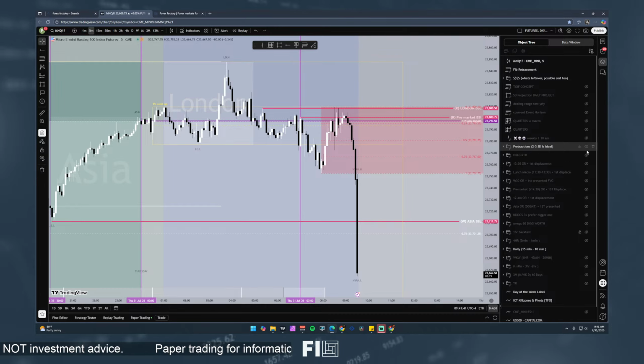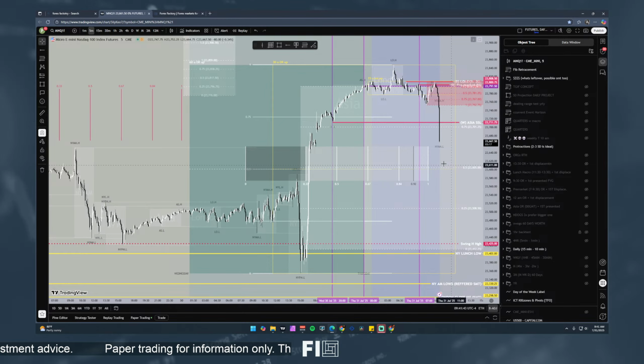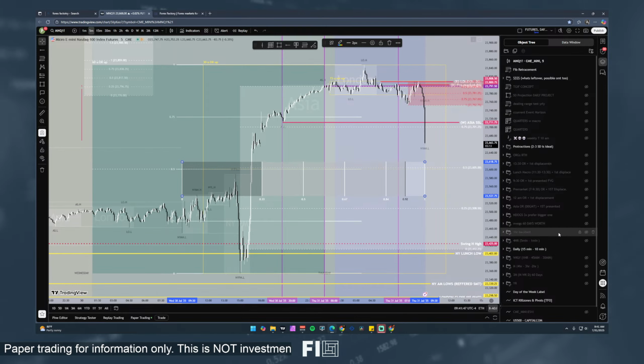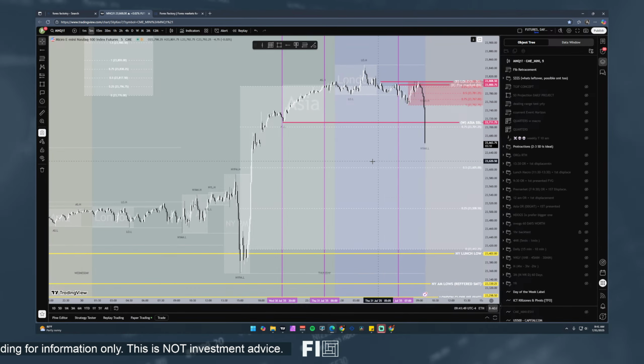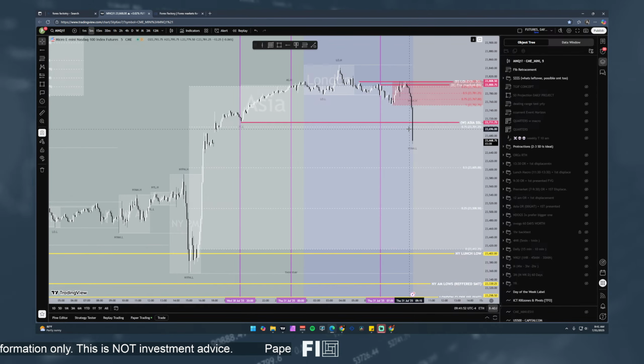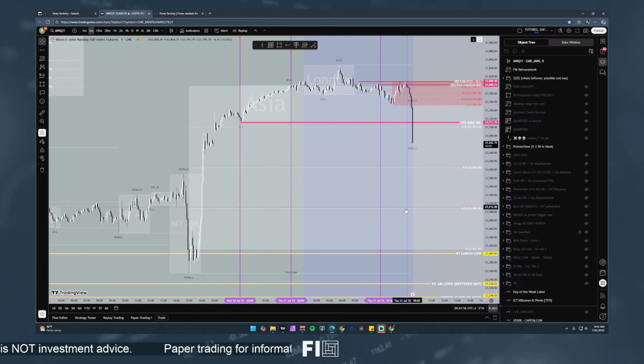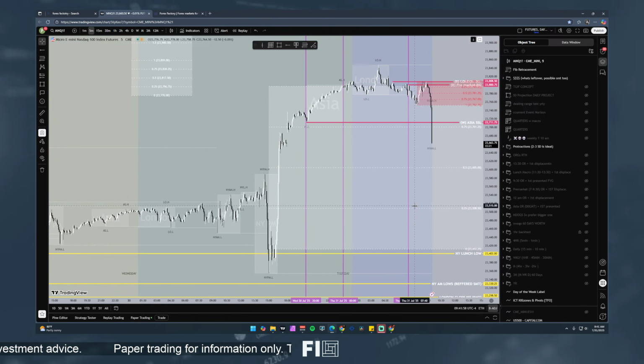If I zoom up for a moment and look at our opening range gap in the form of electronic trading hours, I mean, just look at this. It appears down below the upper quadrant, going into consequent encroachment. Wow.